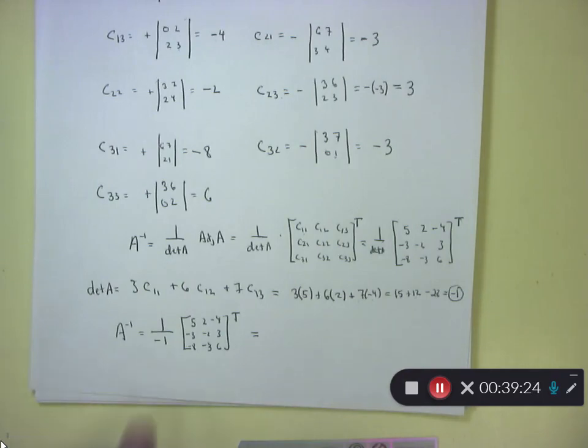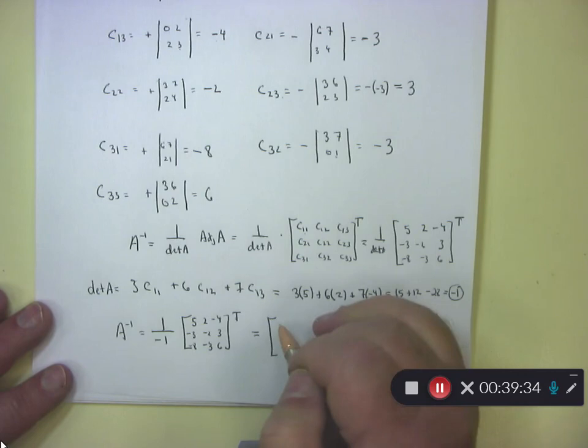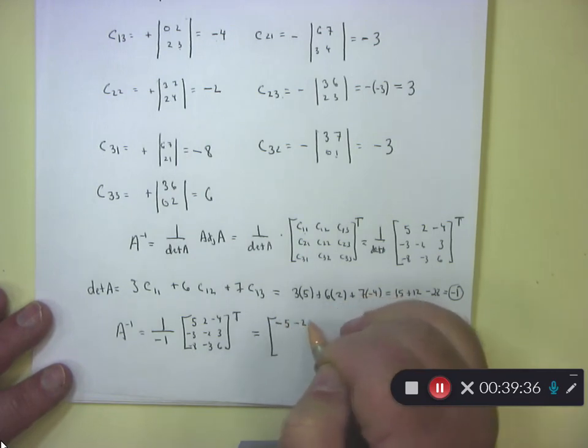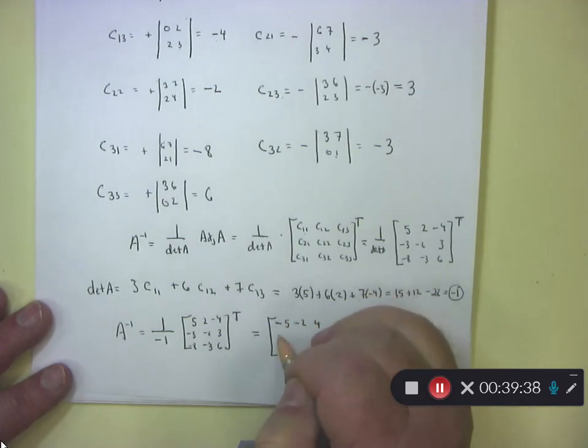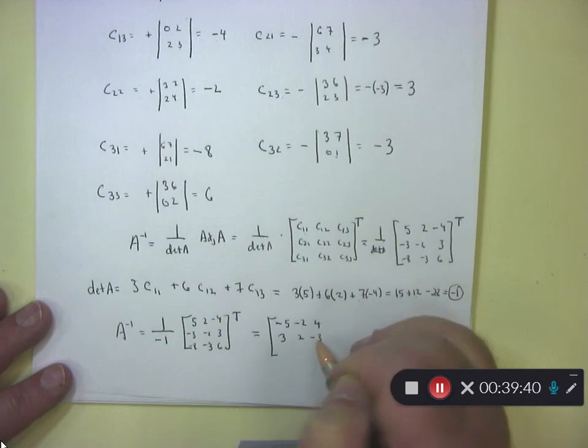All right. 1 divided by -1 is -1. I'm going to take a negative and basically put it through every term in this matrix. So I'll just do it in steps here because I'm afraid I'll lose you guys. That'll be -5, -2, +4, 3, 2, -3, 8, 3, -6.